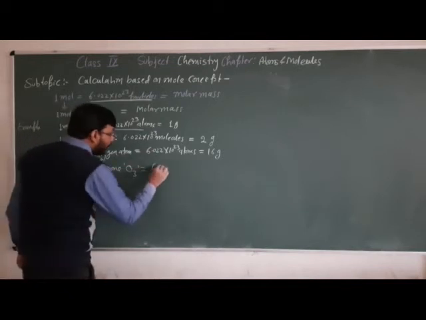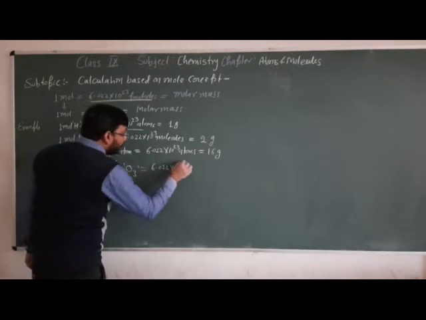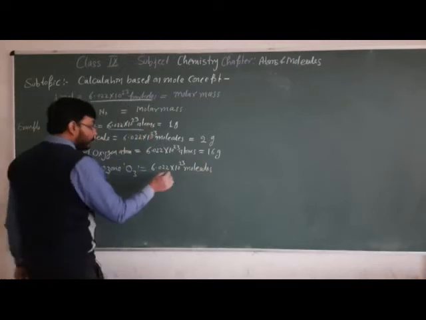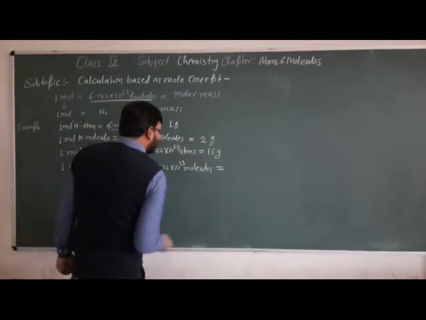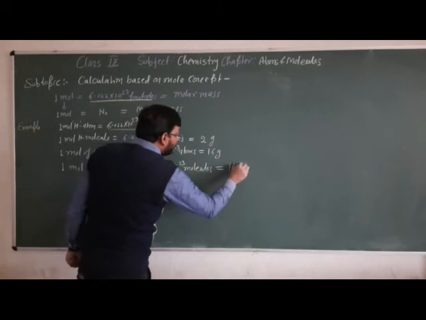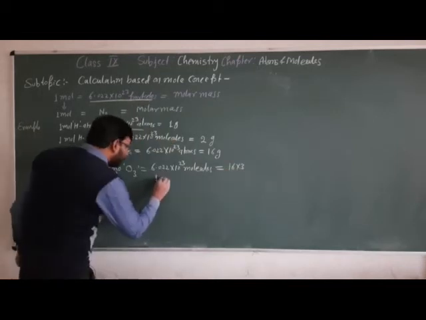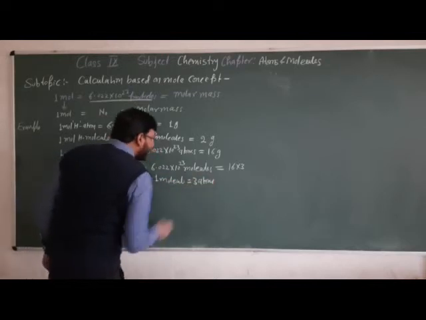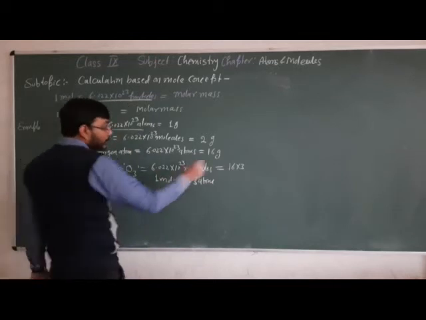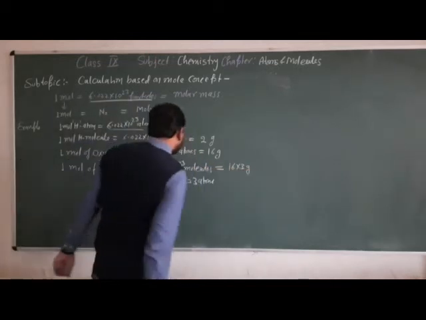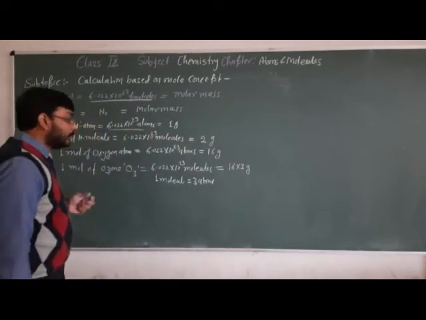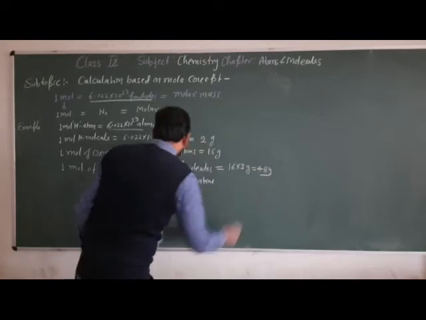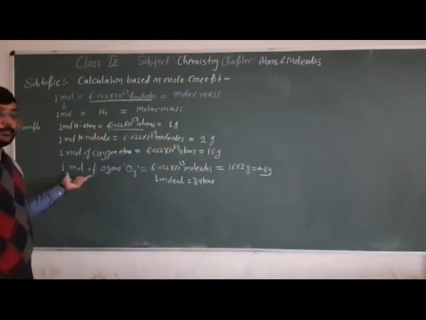The number is 6.022 into 10 to the power 23 molecules of ozone, that will equal 16 into 3, because one molecule is formed by 3 atoms. So this mass will be triple. 16 into 3 gram, so 48 gram is the mass of 1 mole of ozone gas.